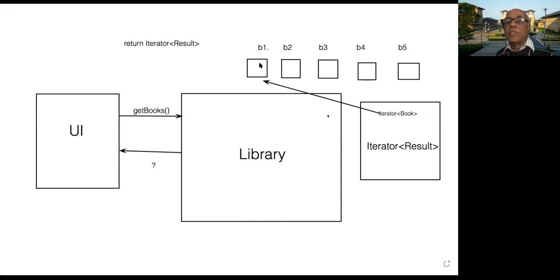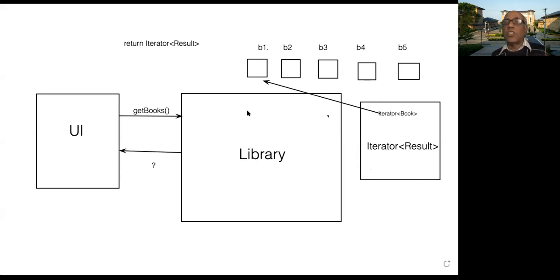Then it will get a book object. It will copy the relevant fields to the result, and that is what will be returned to the UI. So when the UI calls next on this, it gets a result. Then it calls next time. This will go to the next book object, pull all that stuff, copy it and give it back. So conceptually, it is very simple, but the implementation is a little involved.